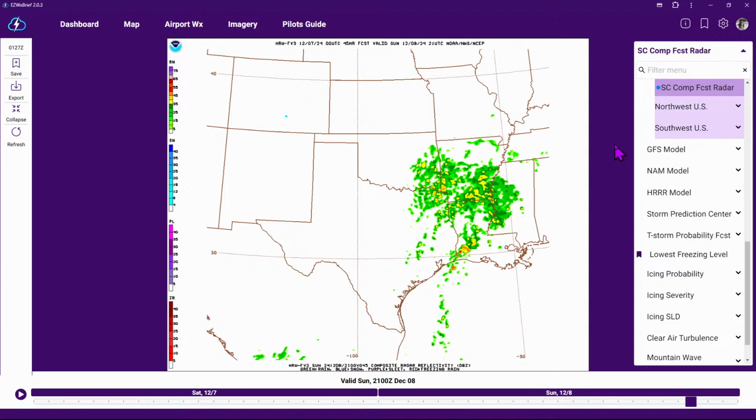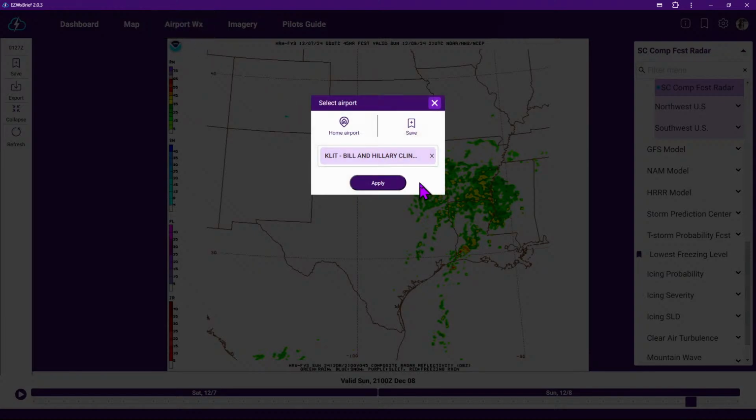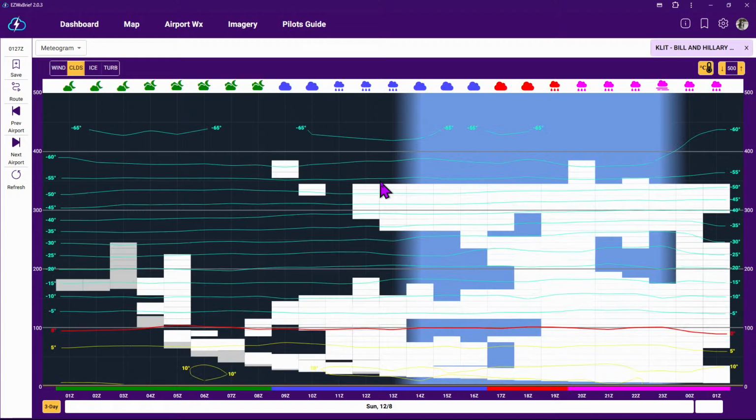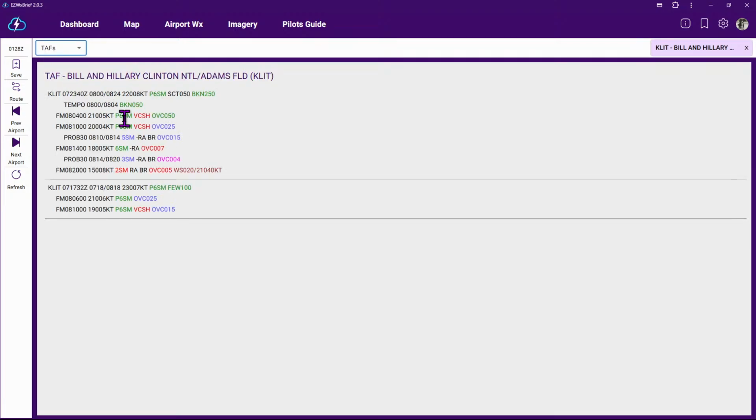I also want to take a quick peek and look at the airport weather. Specifically, let's look at Little Rock, which is our destination. This is the 1 day view in the meteogram, just to do a quick peek and see what the terminal forecasts are here. This is not surprising.